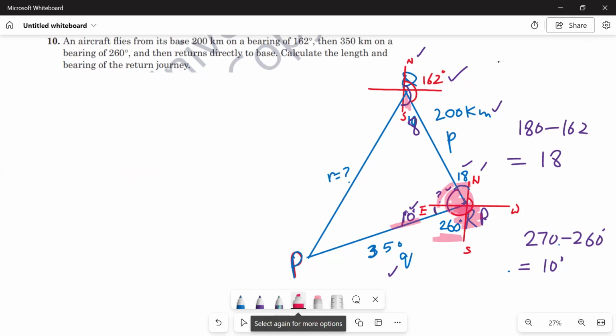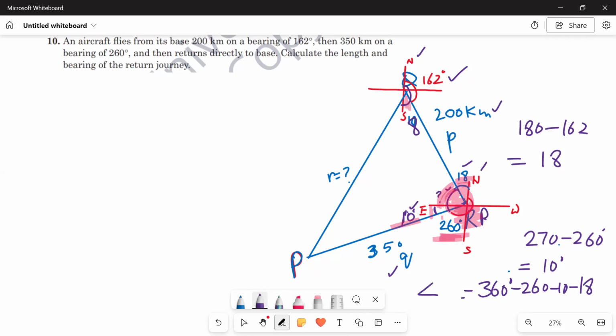Is it clear? 260 plus 10 and 18. If we subtract these angles from 360, we will get this internal angle. So I'm going to subtract: 360 minus 260 minus 10 minus 18. That will be angle R. So let me check what angle R is.